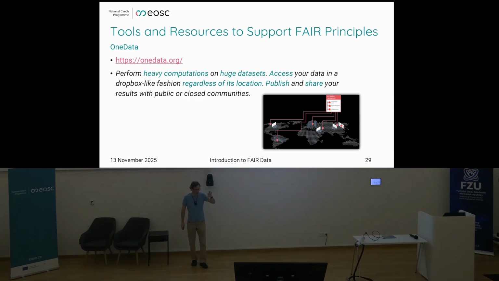But OneData allows you to see contents from all the data centers, and when needed, with a few commands, a few clicks, you can transfer the subset of the data you need to your data center to process it locally, and this information is then shared. So if someone else needs the same data, he can get the copy that's closer to him, or on a faster link, for example. So that's a data management system.